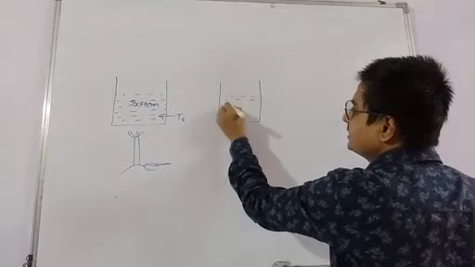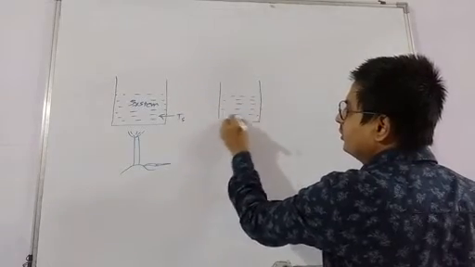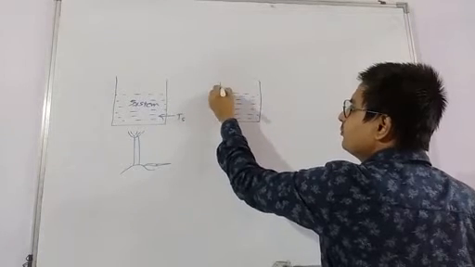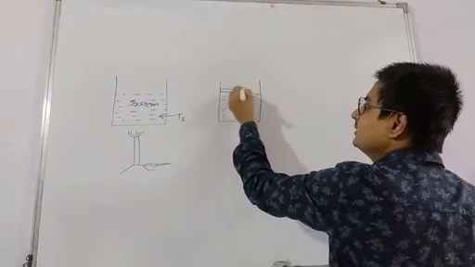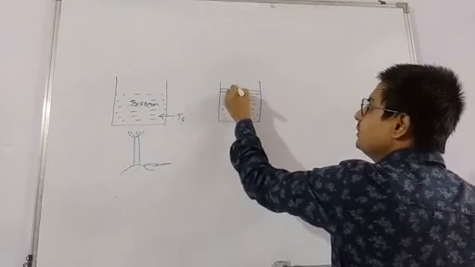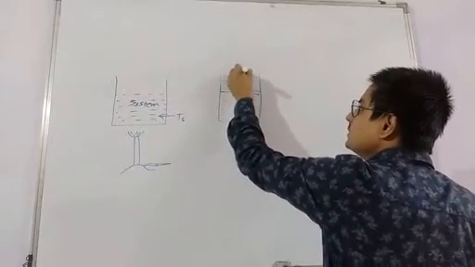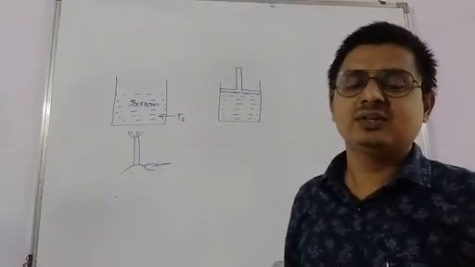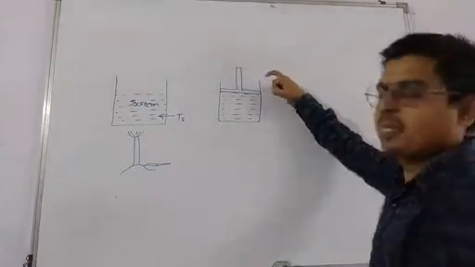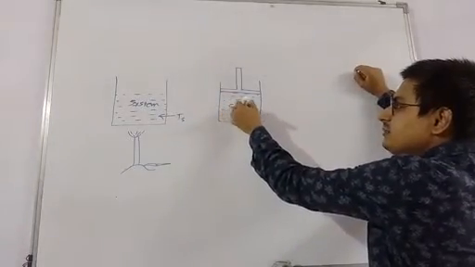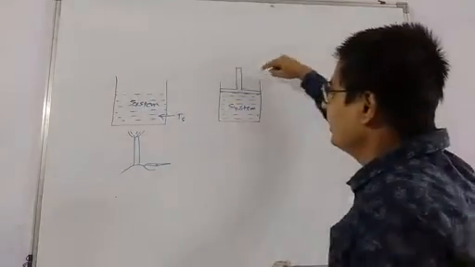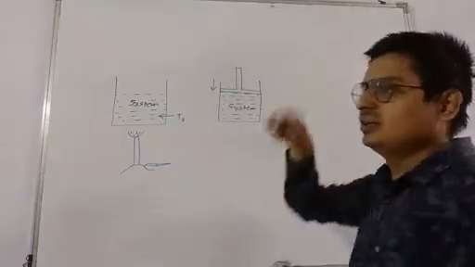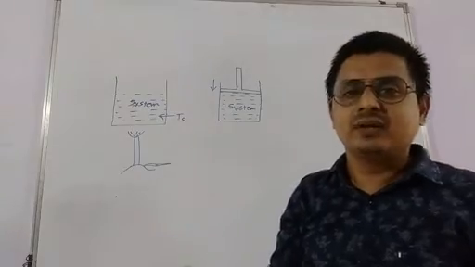For example, this is a certain volume of liquid, and above it we keep one piston, which is frictionless and massless.